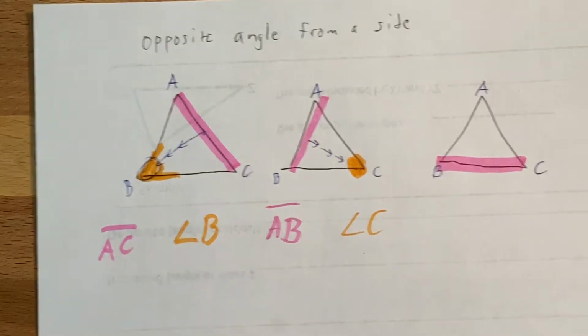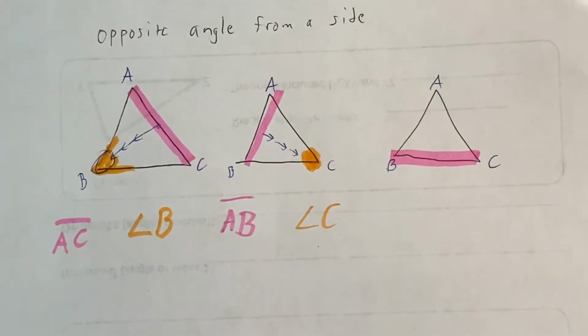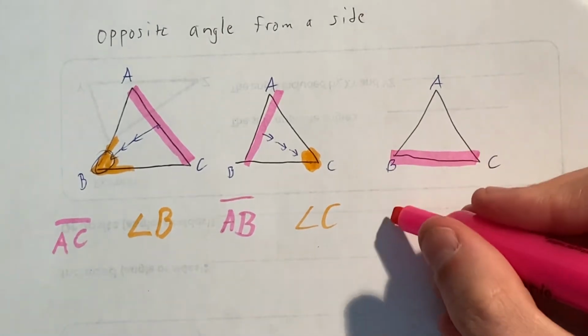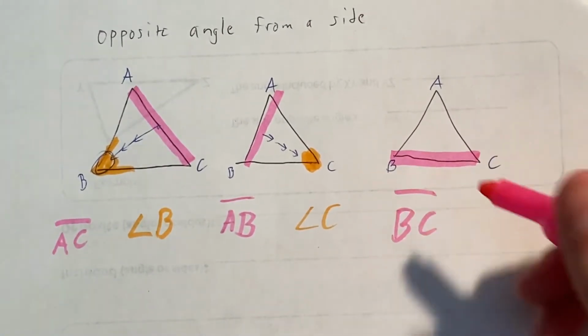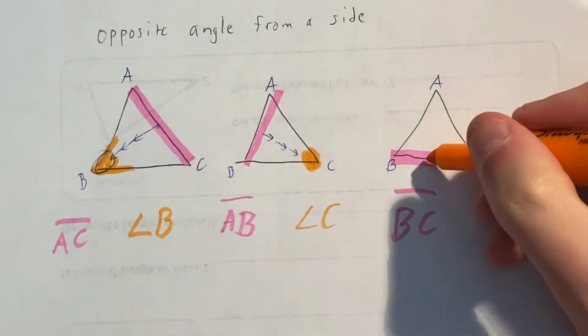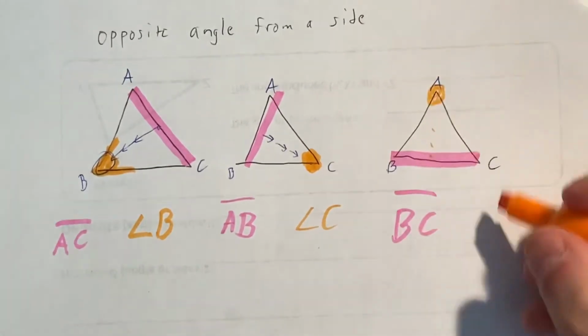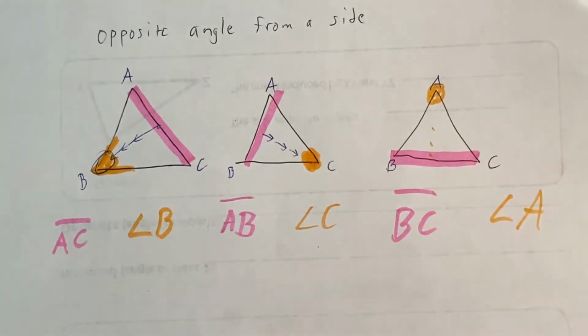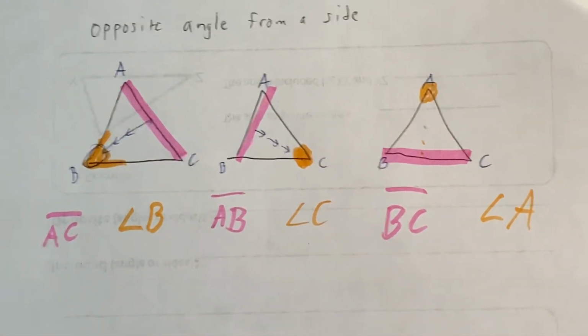Similar here, if you want to pause it and see if you can do the same thing I did, you're welcome to. We're starting with BC, and opposite BC is going to be angle A. So that's how you do the opposite.